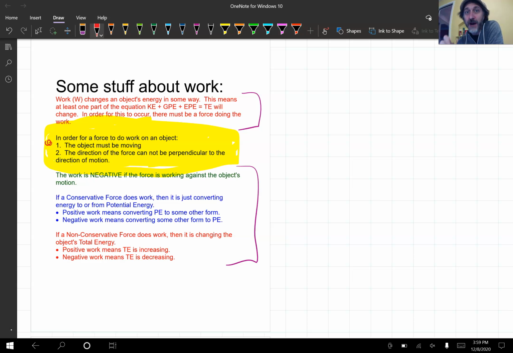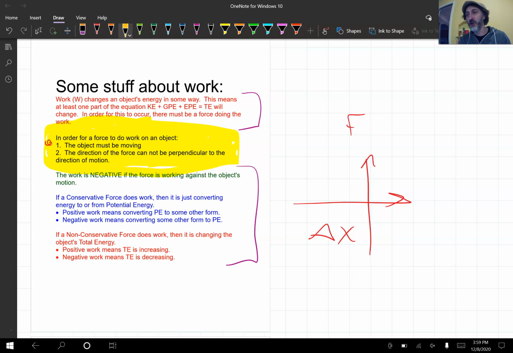If the object is not moving, no matter how tired you get, you are not doing work. Secondly, the direction of the force can't be perpendicular to the motion. At least some component of the force has to be either working with or against the motion. So if your displacement is this way and your force is perpendicular to it, that force is not doing work.